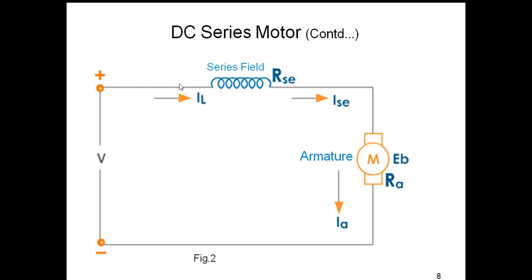This is the circuit diagram for a DC series motor. Here V is the applied voltage and IL is the load current.